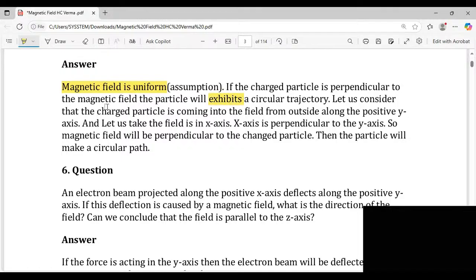Let us consider that the charged particle is coming into the field from outside along the positive y-axis, and let us take the field along the x-axis. The x-axis is perpendicular to the y-axis, so the magnetic field will be perpendicular to the velocity of the charged particle. Then the particle will make a circular path.